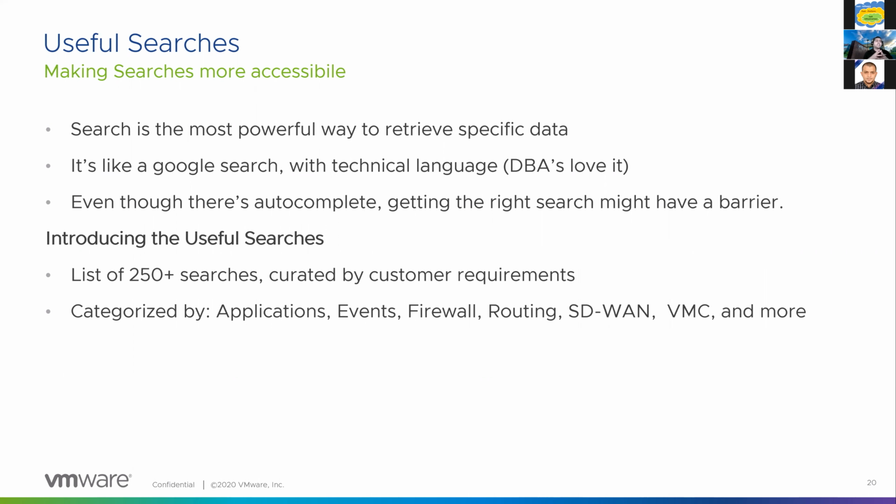These are queries which you just click, and it will auto populate on the search window and automatically pull out the data you're looking for. Or you would just need to replace those sample parameters with your own object names, like VM names, host names or group names, or whatever you want to search for, right? So search has been made really, really easy and effective.